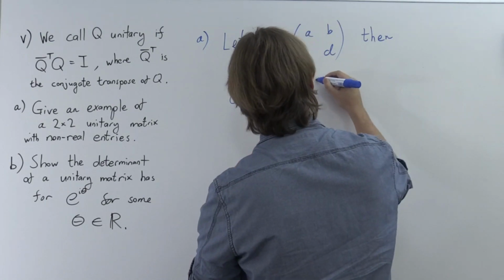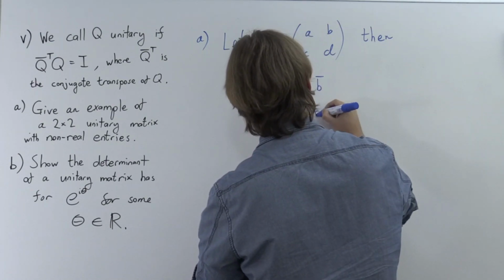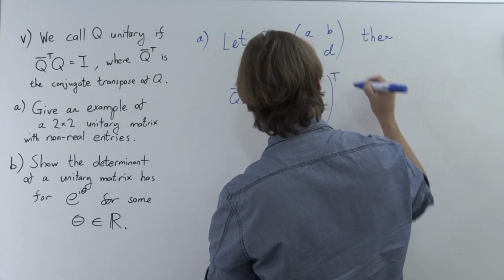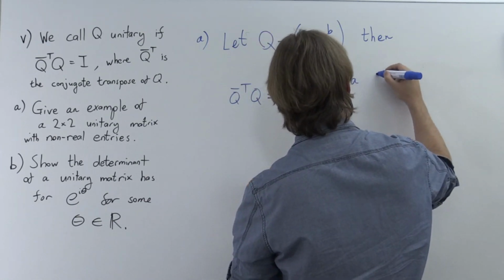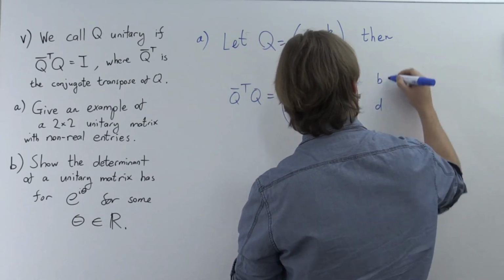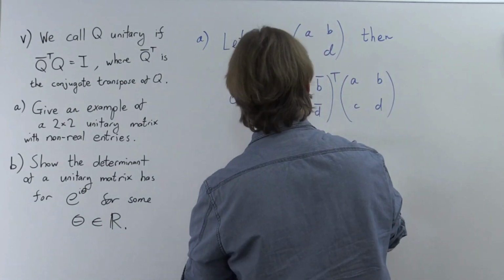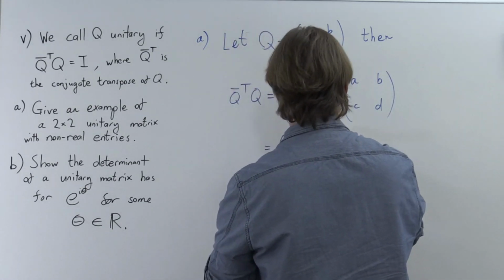I'm taking the complex conjugate of all the entries, transposing it, and multiplying it into Q.